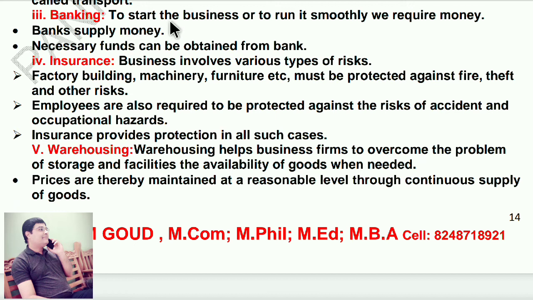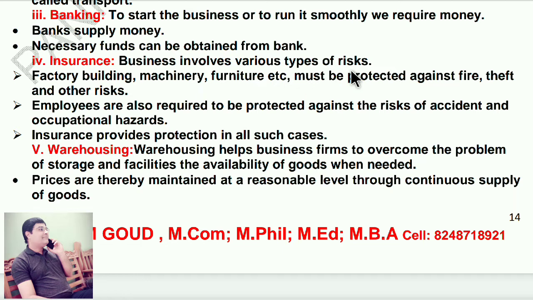Next one, banking. To start the business or to run it smoothly, we require money. Banks supply money. Necessary funds can be obtained from banks. So if you want to run the business, then we need money and we will obtain the money from the bank. Insurance.